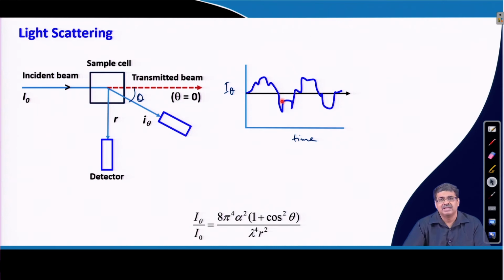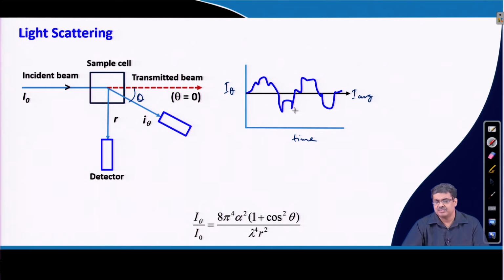So, if we measure the intensity of the scattered light in microseconds, we will see that the intensity signal is fluctuating with time. But if we consider a longer time, then we can consider this as the average intensity, the average scattered intensity of light.